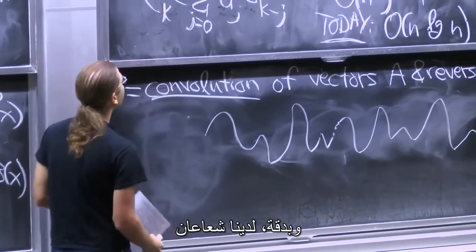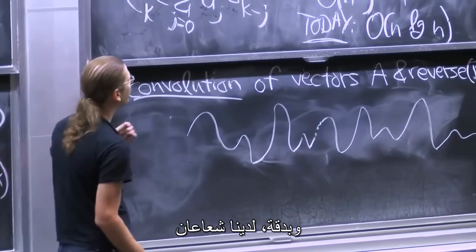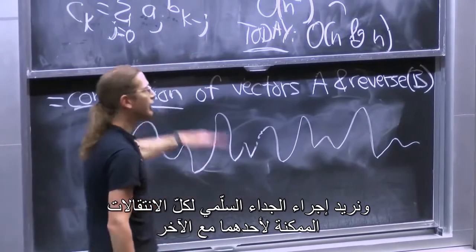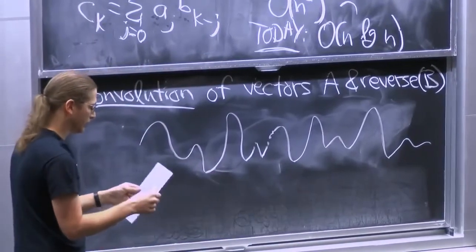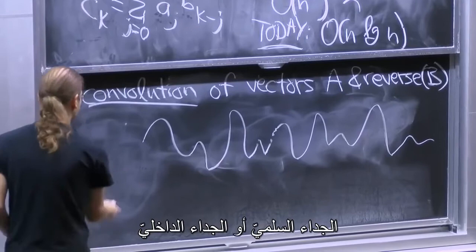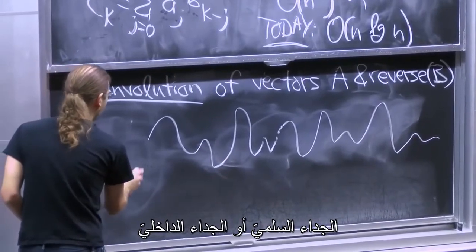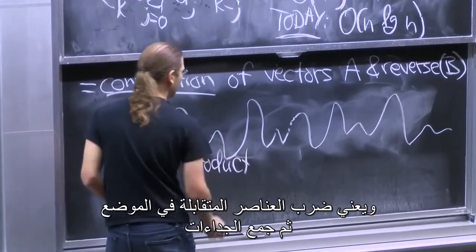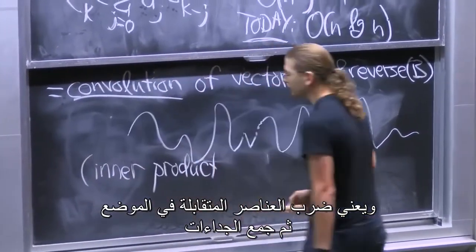So formally, you're given two vectors, and you want to take all possible shifts of one vector and take the dot product with the other one. I have that written down. Dot product, same thing as inner product, which just means multiply corresponding positions and add them up.